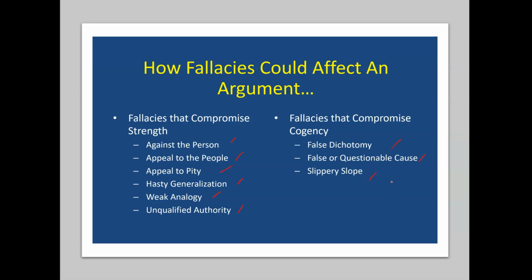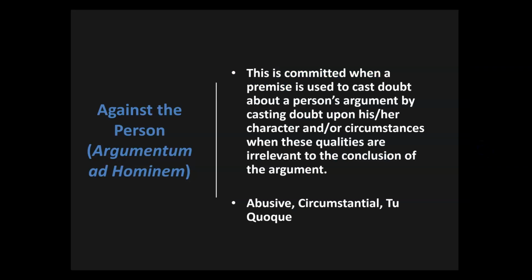So let's just get the flavor profile of each of these fallacies. So against the person, also known as argumentum ad hominem in Latin. This is committed when a premise is used to cast doubt upon a person's argument by casting doubt upon his or her character and/or circumstances, when those qualities are actually irrelevant to the conclusion of the argument.